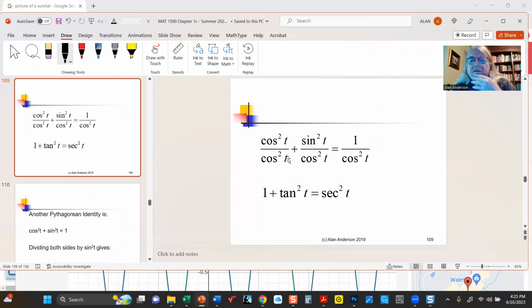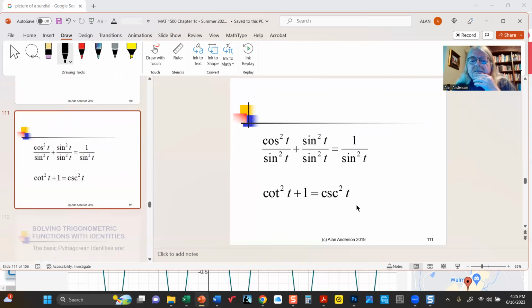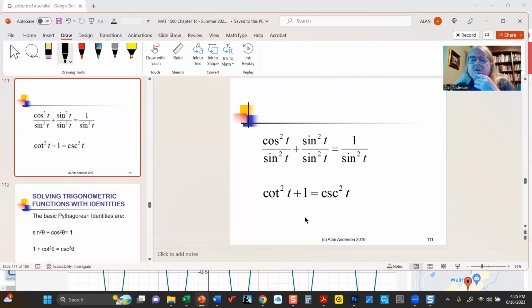Okay, and we algebraically did this by dividing both sides by cosine t squared. And finally, we also have cotangent squared plus 1 equals cosecant squared. And that's because we can divide both sides of the original identity by sine squared. Okay, and that's why this is true.